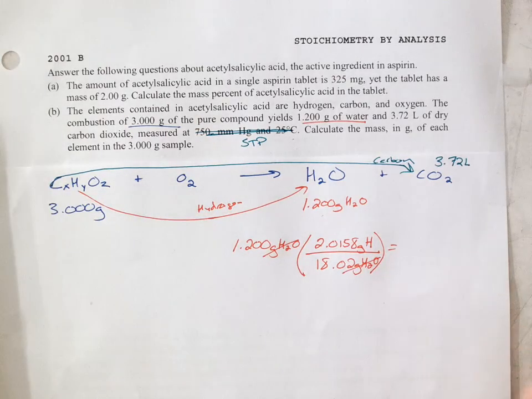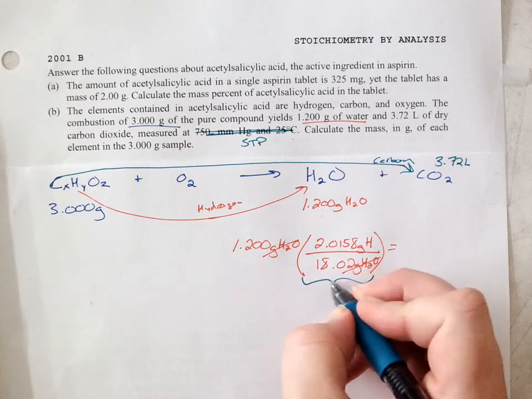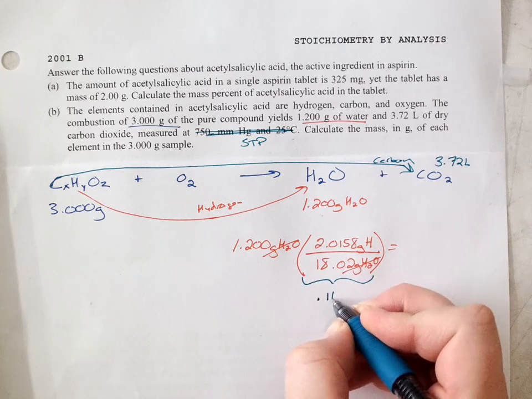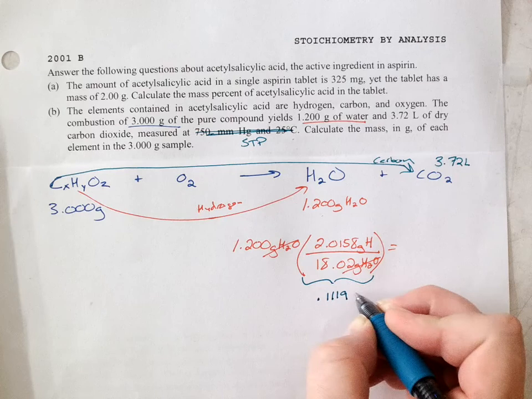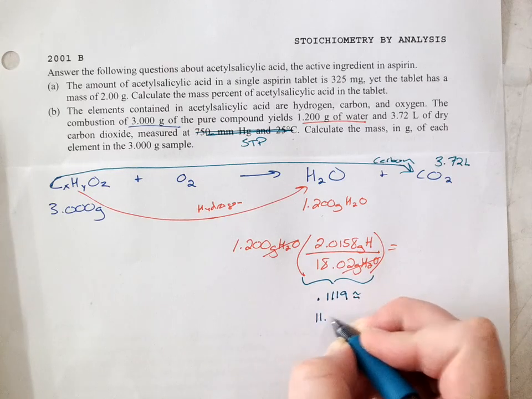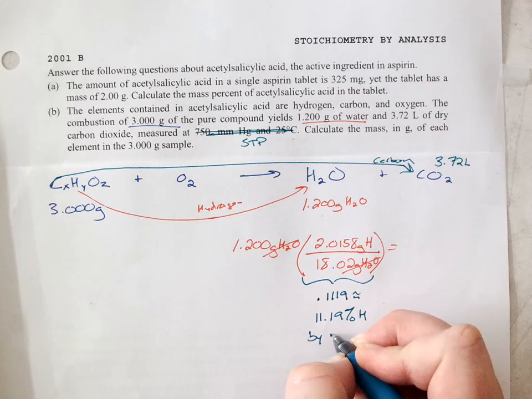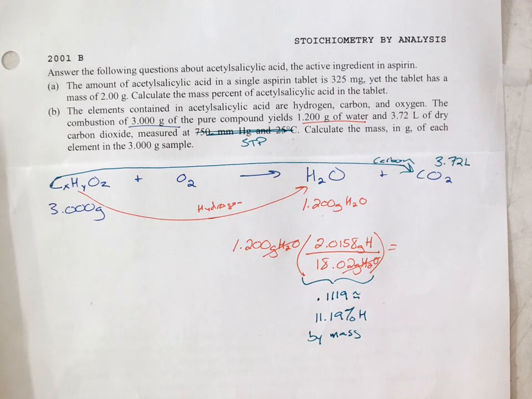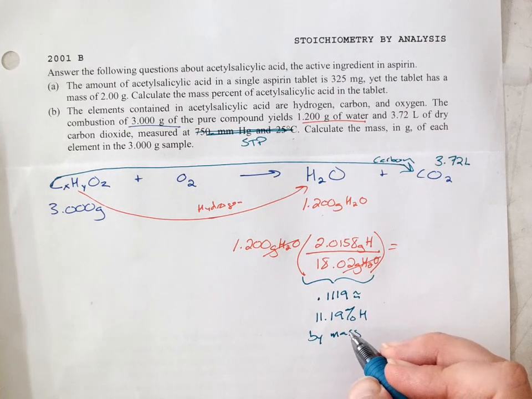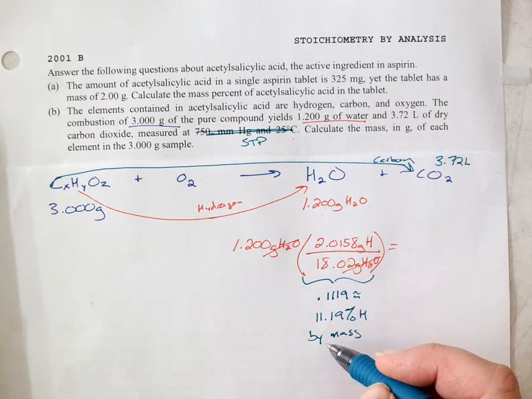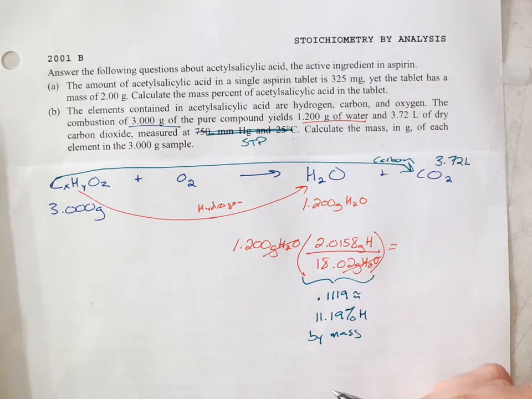If you do this, essentially you'll see that this here is 0.1119, which is 11.19% hydrogen by mass. That will always be true of water. And I can always figure it out by doing 2 hydrogens over the whole water.